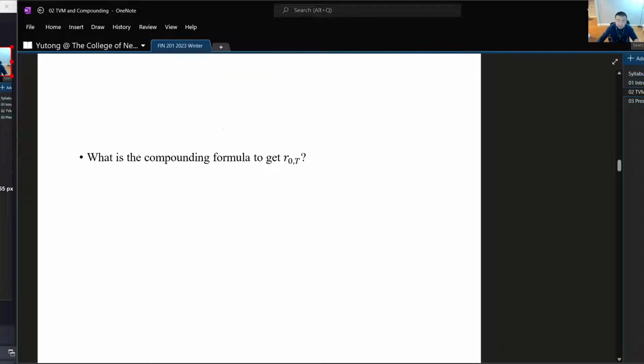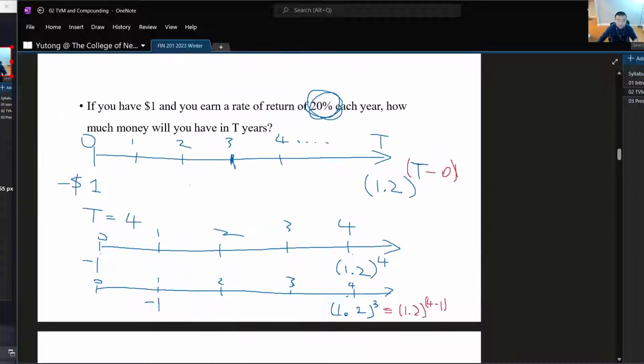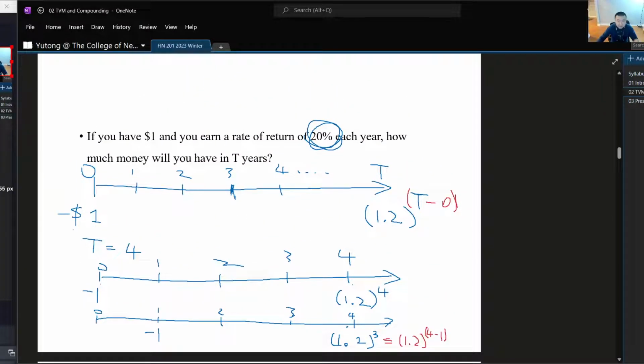So I need to explain this a little bit. R0t is the return if you were to invest from time 0 to time t, okay, with a per year return of, let's say, 20%. So if that's the case, what did we do? If you look at the previous slides, if we put $1 in at the beginning, in the end I should get 1.2 to the power of t, right, minus 0.